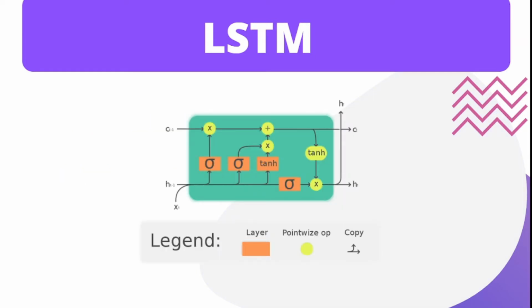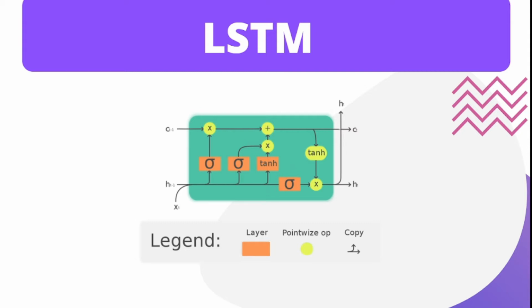Long short-term memory is an artificial recurrent neural network architecture used in the field of deep learning. Unlike standard feed-forward neural networks, LSTM uses feedback connections. It can not only process single data points, such as images, but also entire sequences of data, such as speech or video.